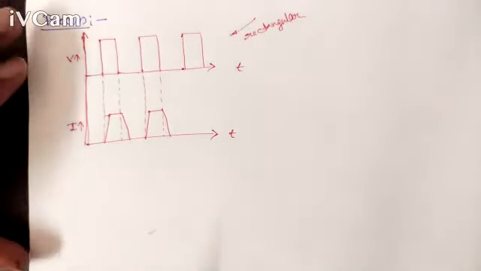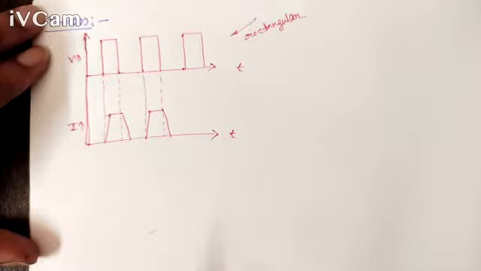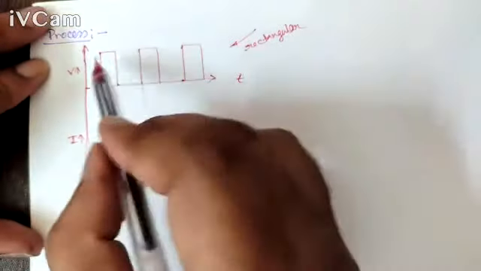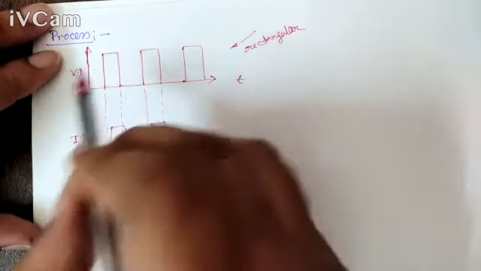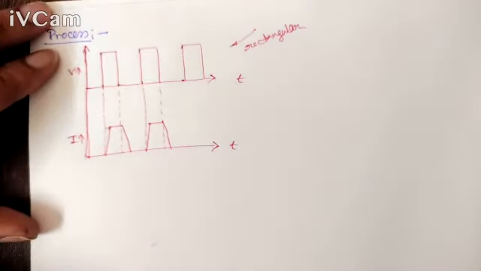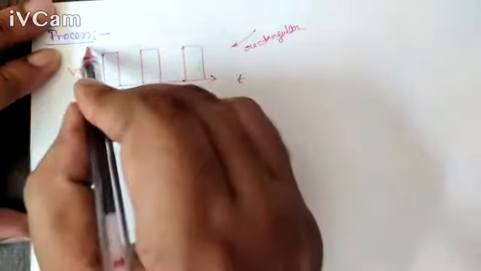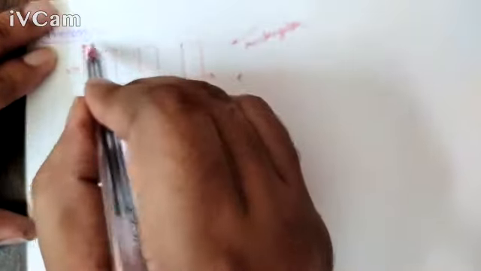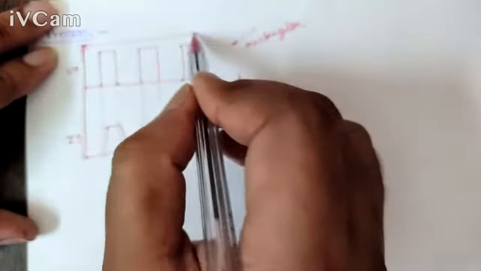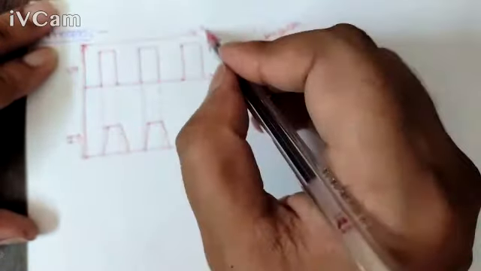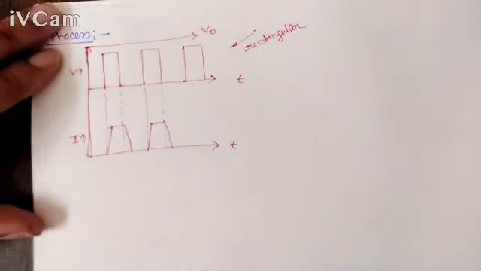Now, what do we call each parameter? Especially here we are going to give some voltage. Initially we are providing some voltage which is represented by VO.